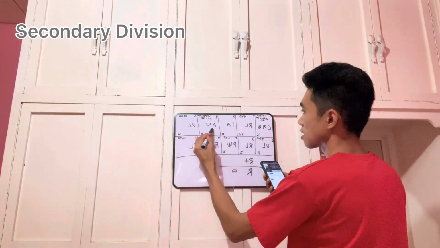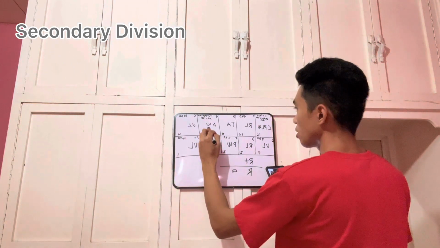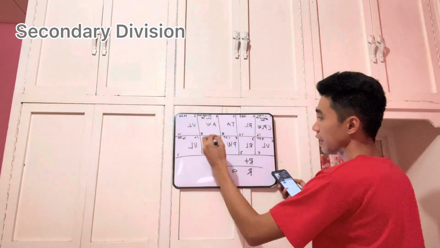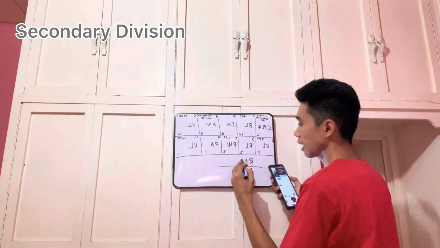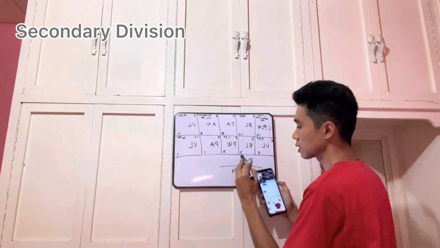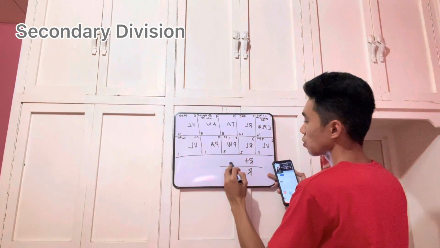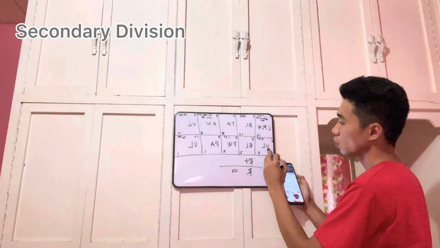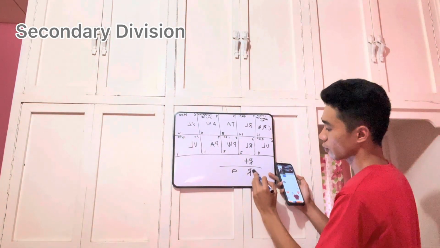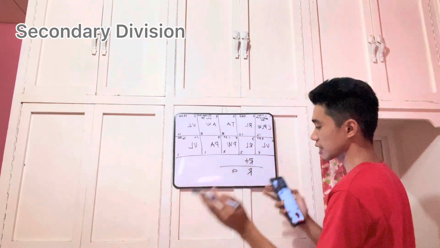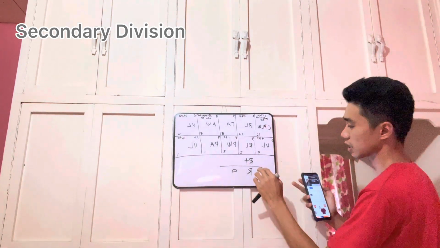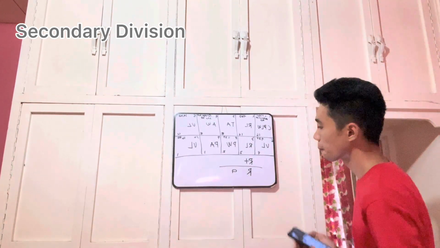Next is accidental whorl, wala siya. Hindi siya kasali sa RAT. So, space. Ulnar loop, hindi rin kasali. So, space. So, ulnar loop again, wala. So, hindi siya kasali sa RAT. So, hindi natin siya ilalagay dito.